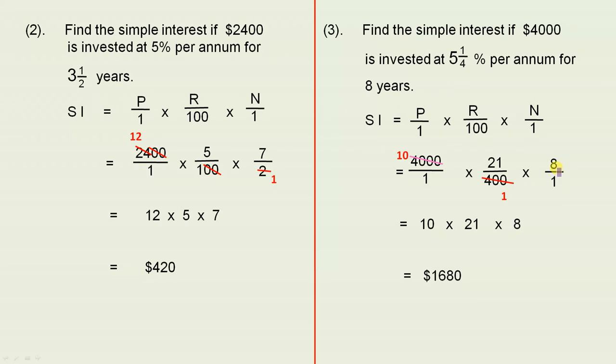And there's the number of years. We do our normal cancelling, and that gives us 10 times 21 times 8, and that gives us $1,680. So that's the simple interest.